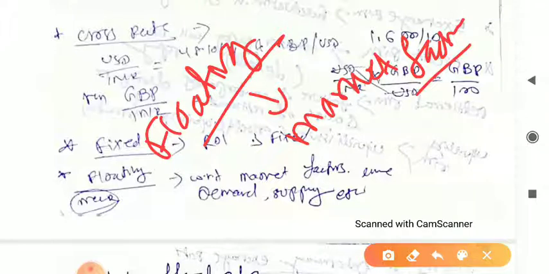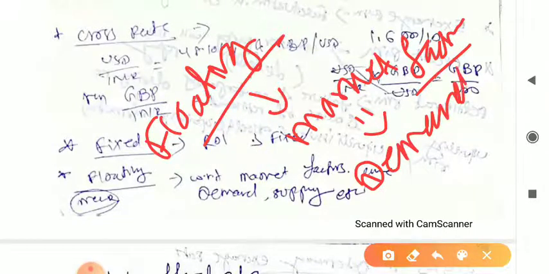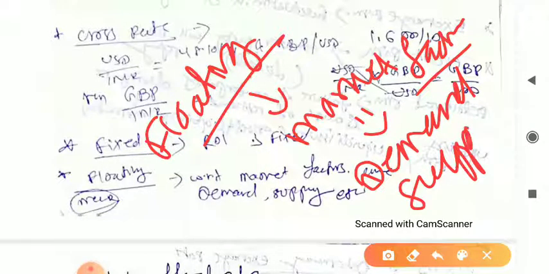Market factors depend on the demand of the market and the supply of the market. So we can say these two factors can also affect the floating rate, right?